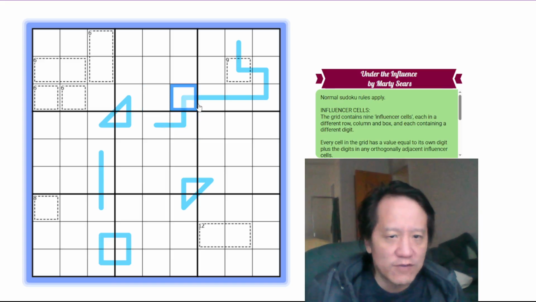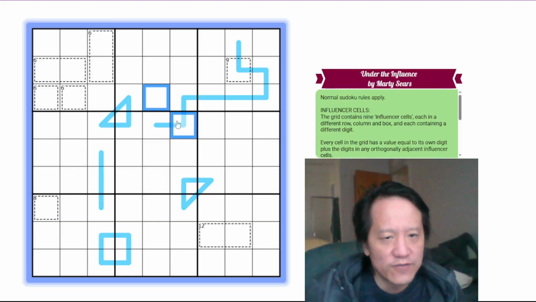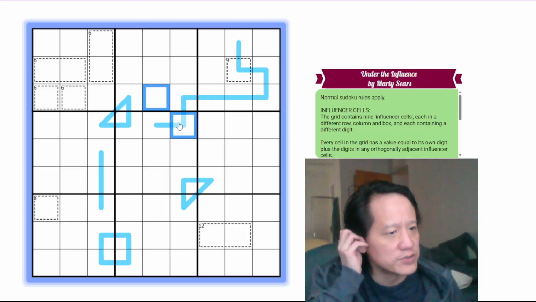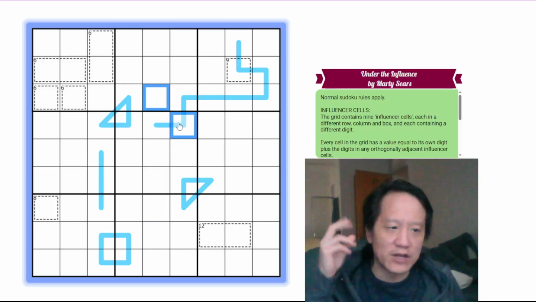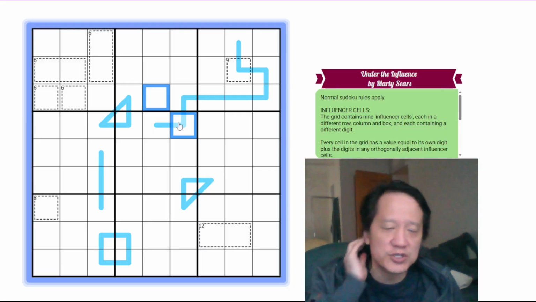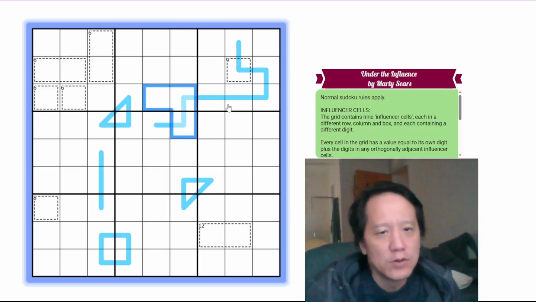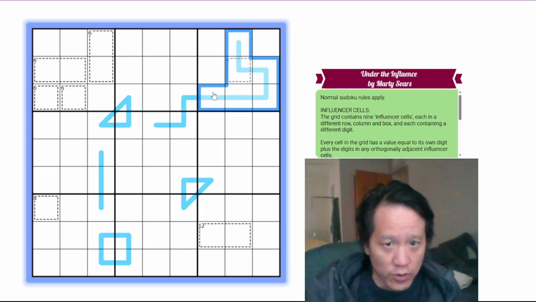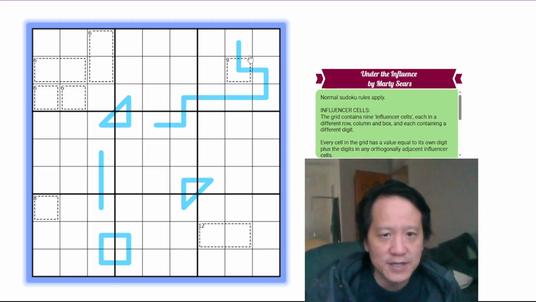Whatever cell is here has to have a different digit than both of the influencer cells. And the influencer cells have to be different digits from each other. So this has to be 24, which makes this 24. And the only way this is 24 is, I think, if this is the influencer cell. If this is not the influencer cell, all of these will add value to this line.